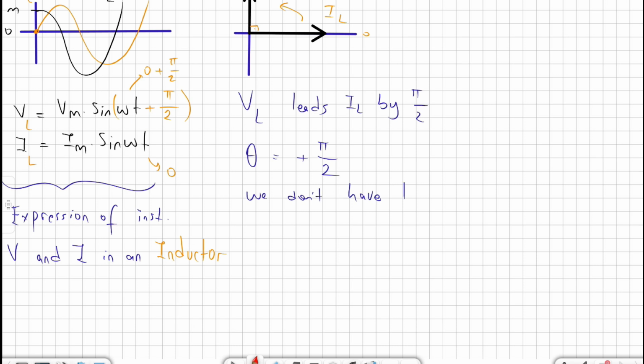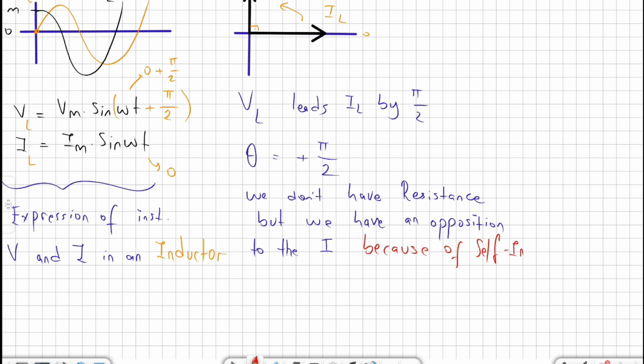Here we don't have any resistance, but we have an opposition to the current. Why do we have that? Because of self-induction. And any opposition that is not because of the 4 properties that we talked about in the resistor, which are the type of the material, the cross-sectional area, the length, and the temperature, is called impedance.